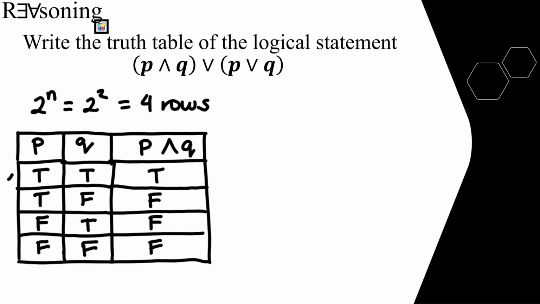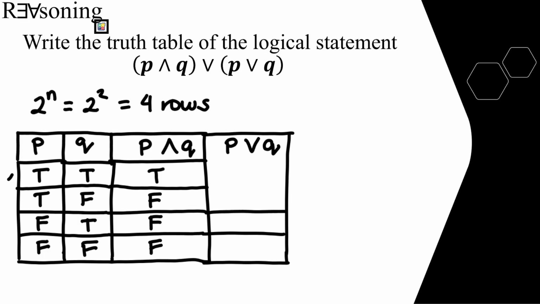Now, let's look at the second statement. It's actually P or Q. This is disjunction, and we are going to add here another column to identify the truth values for the statement P or Q. Now, P or Q means that we may only pick one of the two statements or both. So for our disjunction to be true, we need at least one true statement.